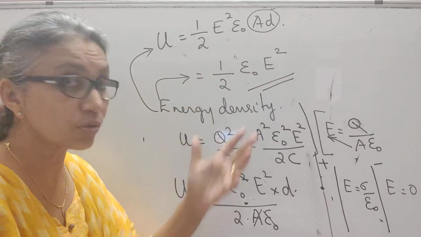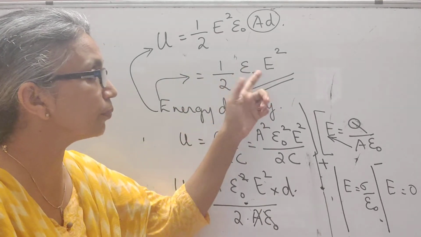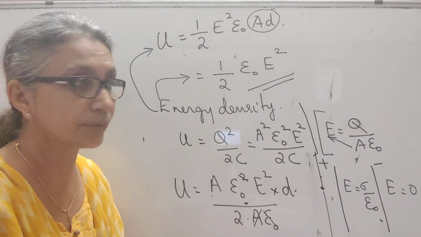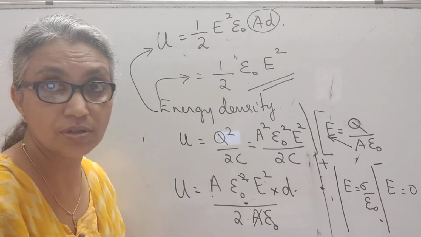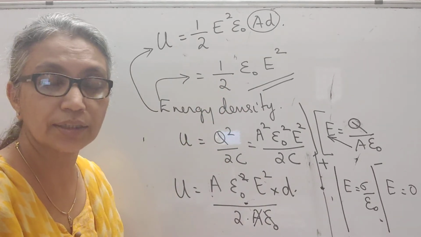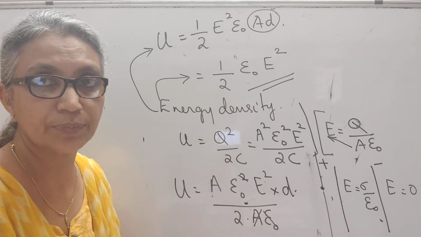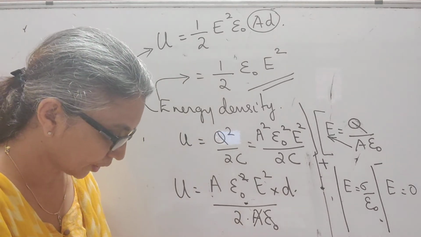This shows you that the energy density is directly proportional to the square of the electric field. The half and the epsilon 0 are constants, so energy density is directly proportional to the square of the electric field between the plates of the capacitor.